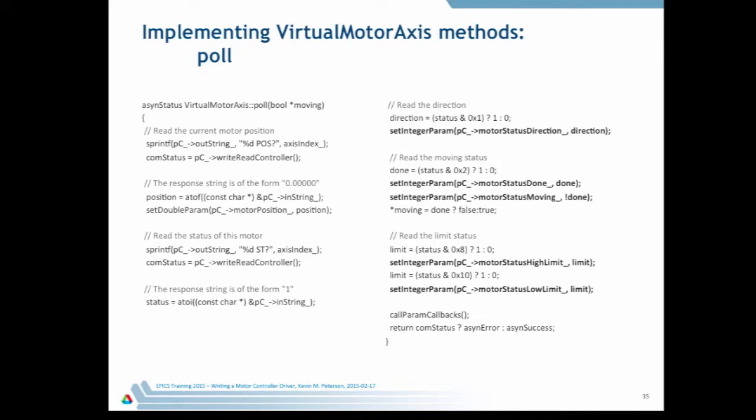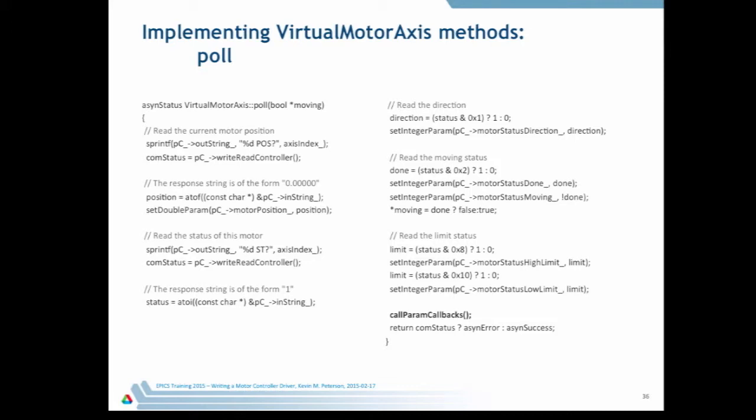If your controller doesn't have a done status bit, you need to simulate it somehow. I don't have a good example of that at the moment, but I can find some if pressed. Have you ever seen that happen before? Yes, I have seen a controller that doesn't have a done indicator. We'll call it a motor controller in quotes. It was an Endpoint C300. It drove piezos, and it functioned more like a temperature controller with a set point than a motor controller. So you told it to go, there was no speed, no acceleration, no status.